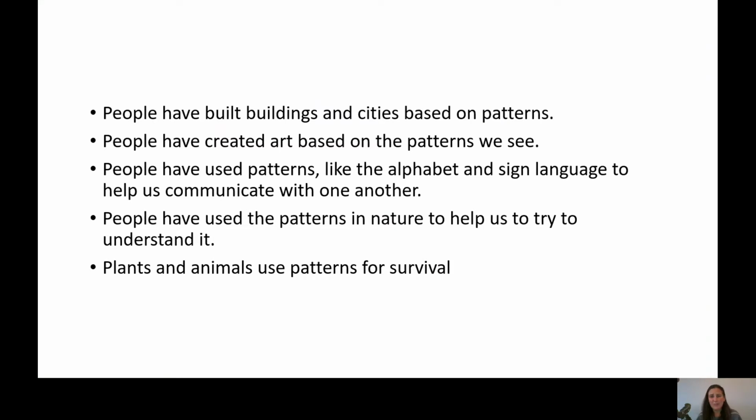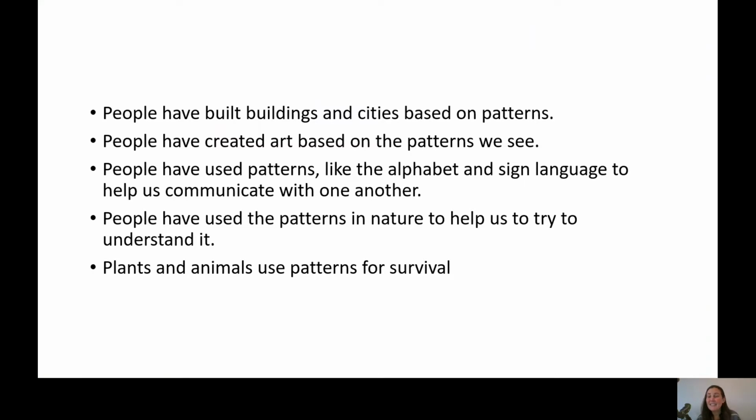So these are some of the things that I was thinking about. The first few are all about what we have done by looking at the patterns in nature. People have built buildings and whole cities based on these patterns. People have created art based on the patterns that we can see in nature. People have used patterns like the alphabet and sign language to help us to communicate with one another.